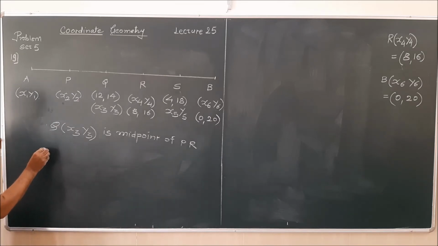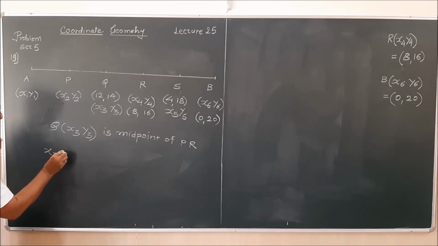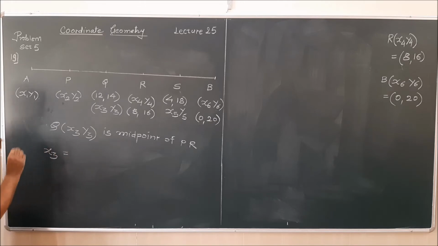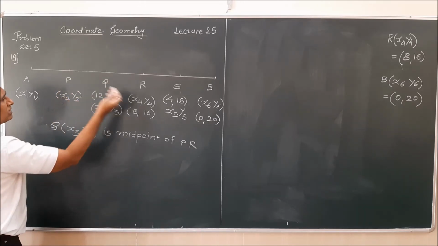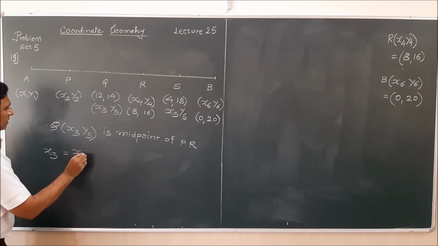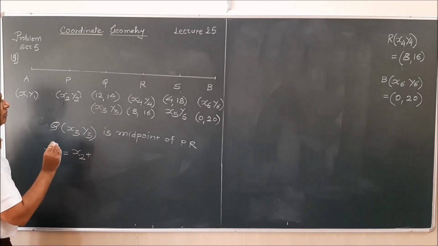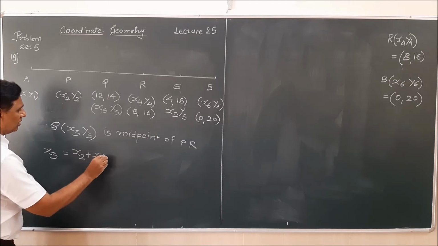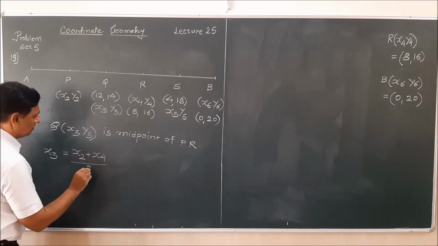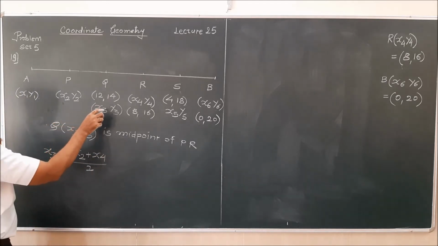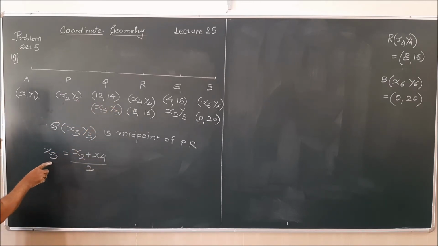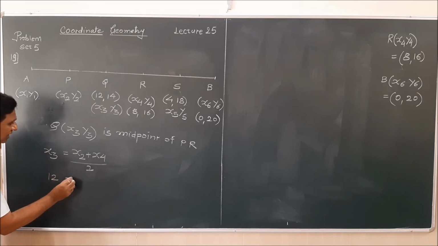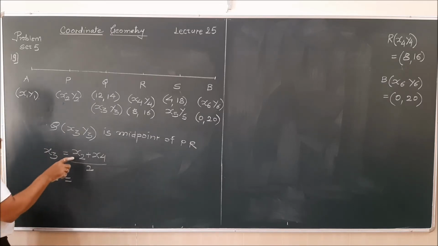So x3 is equal to the midpoint, x2 plus x4 upon 2. What is the value of x3? x3 is 12. So 12 is equal to x2 plus x4 upon 2.